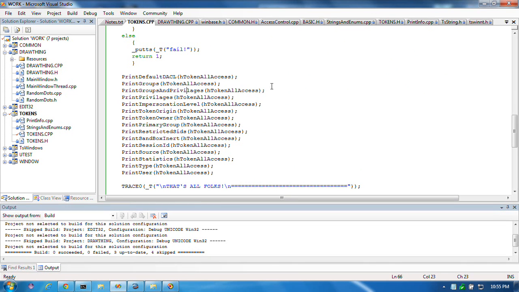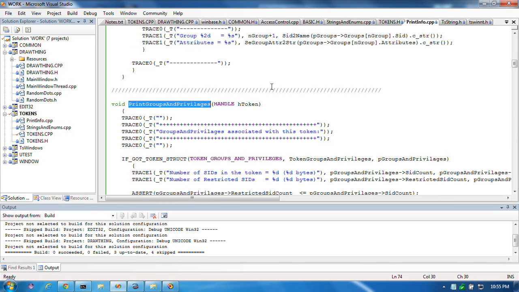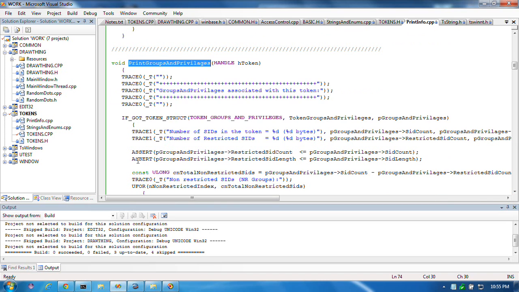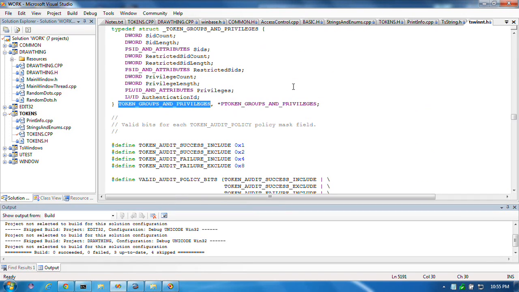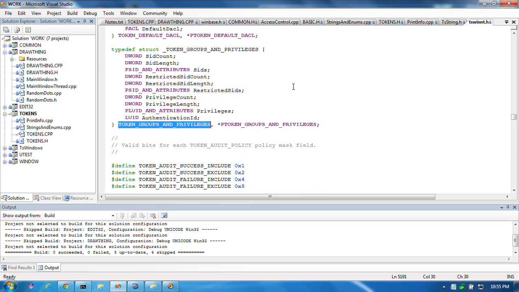In this function, okay, I have a macro here. It automatically does all the casting and allocating and everything in one line. This returns me a pointer to this kind of struct. Okay, now see, it's got a whole bunch of stuff in it.